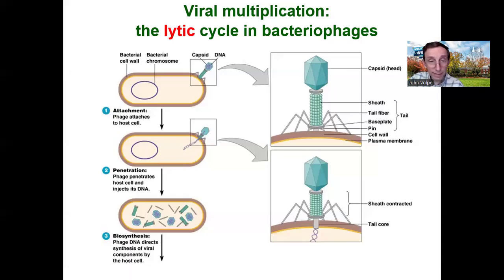Next is biosynthesis, where the virus will take over the machinery of the host cell, usually by degrading the host cell's chromosome, and then using whatever the virus needs to replicate, and it'll replicate its genome as well as the viral proteins.